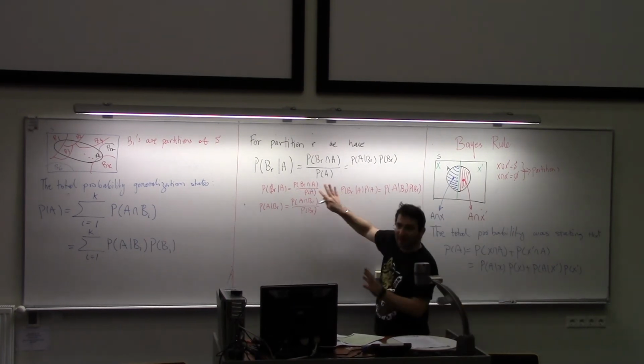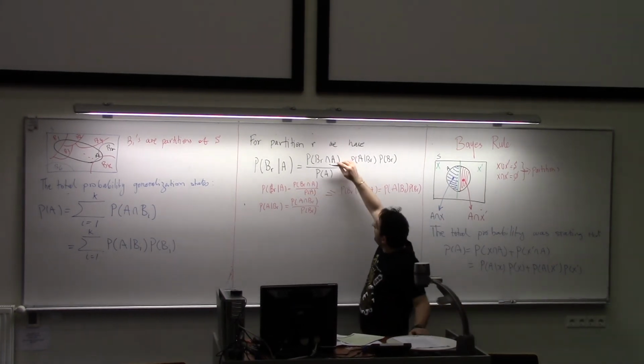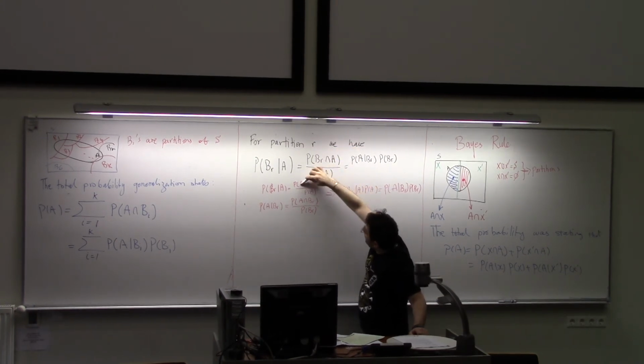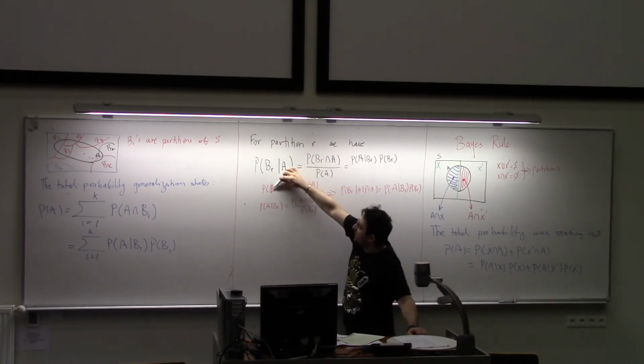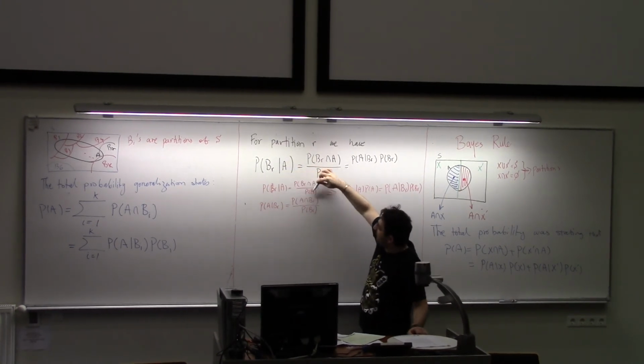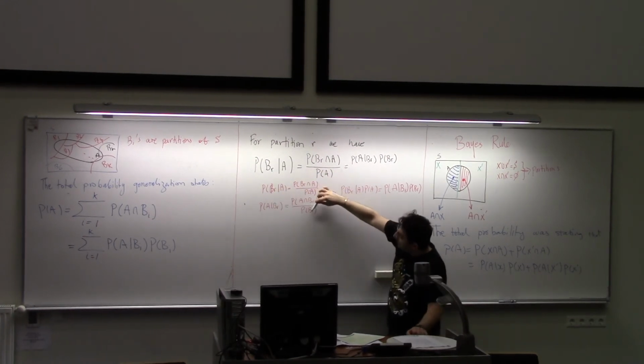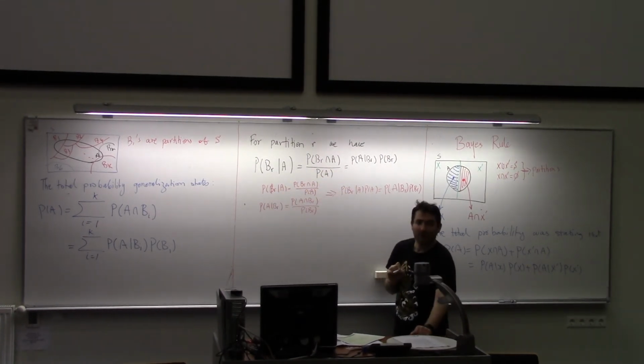Now, we had this one before. What I have here is the probability of BR intersected by A. We know that the probability of BR intersected by A is either the probability of BR given A multiplied by the probability of A, or it is the probability of A given BR multiplied by the probability of BR.